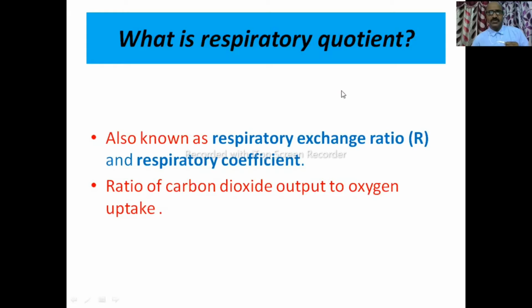Respiratory quotient, also known as respiratory exchange ratio or R, or you can say respiratory coefficient, is nothing but the ratio between carbon dioxide output to oxygen uptake. It means the volume of carbon dioxide released to the volume of oxygen uptake.